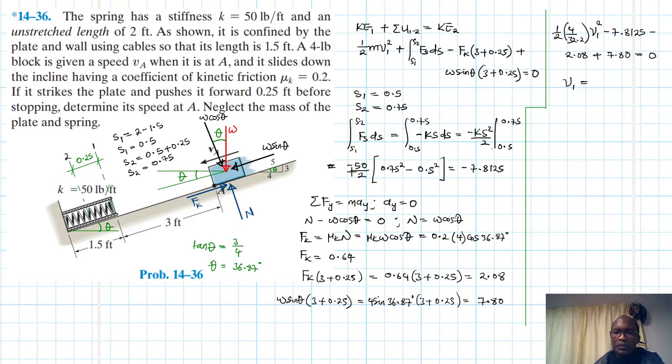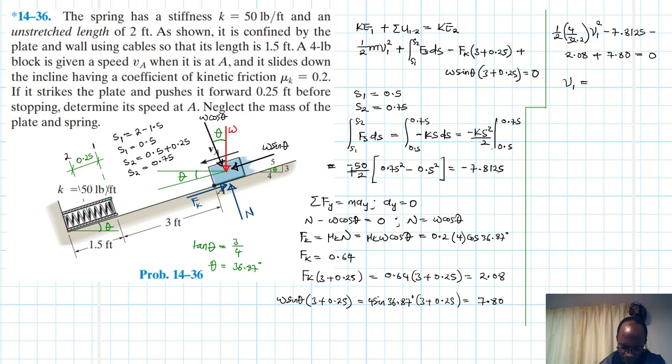Don't forget that. So we do have a minus 7.8125, then minus 2.08, then plus 7.80, then divided by 0.5 times 4 divided by 32.2, like so.